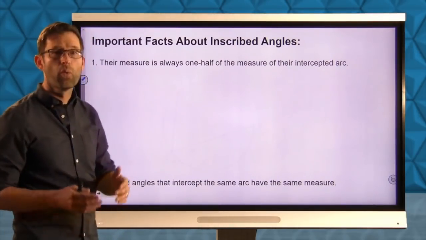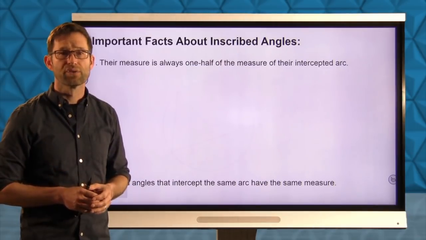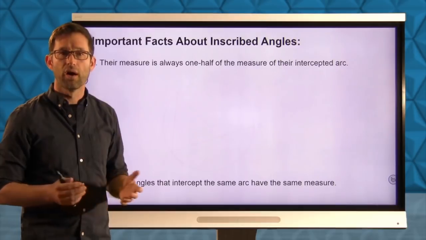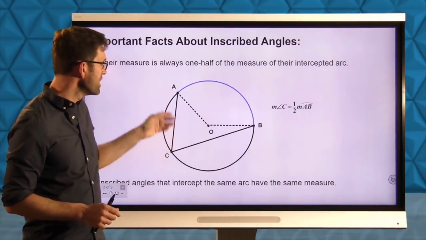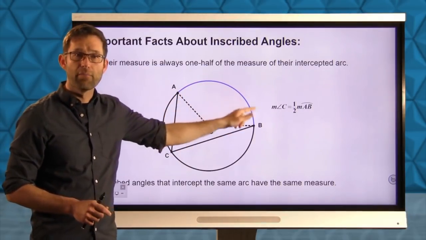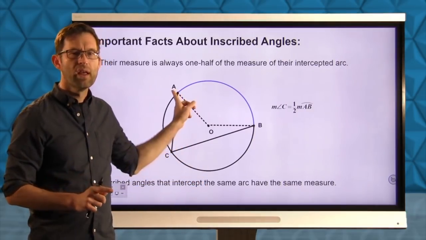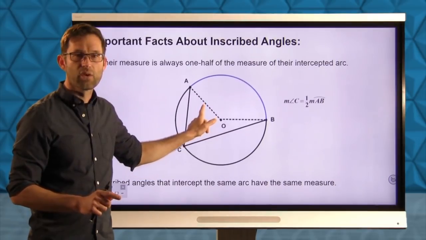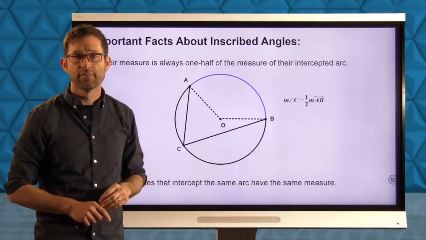The first one, the one that we really dedicated a lot of time to in the first lesson on inscribed angles, was that their measure is always 1/2 the measure of their intercepted arc. In other words, the measure of angle C, or ACB, is 1/2 the measure of arc AB. Always. And keep in mind, of course, that the measure of arc AB is equivalent to the measure of the central angle AOB that intersects it.